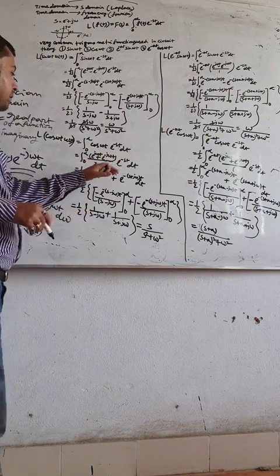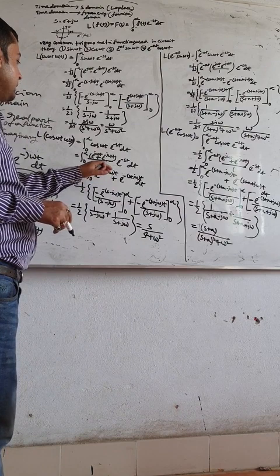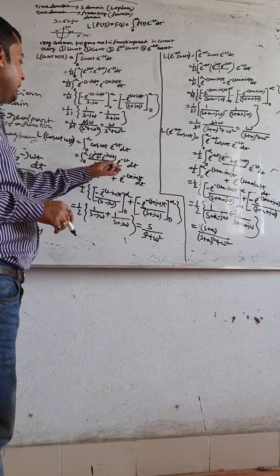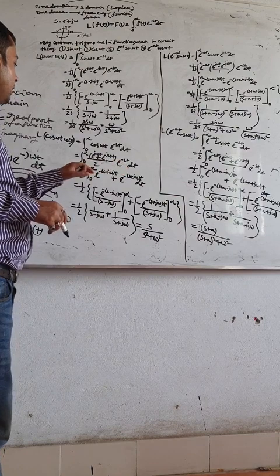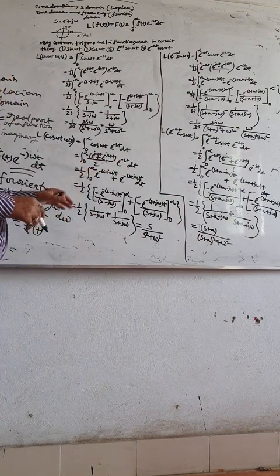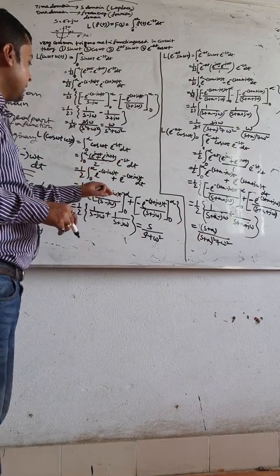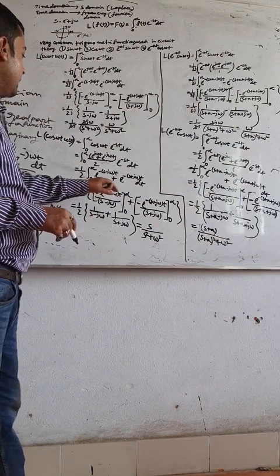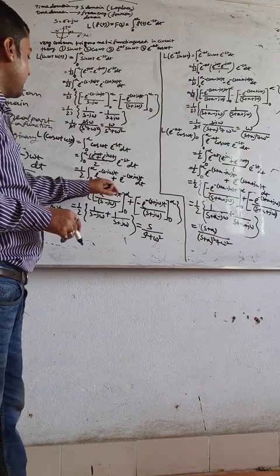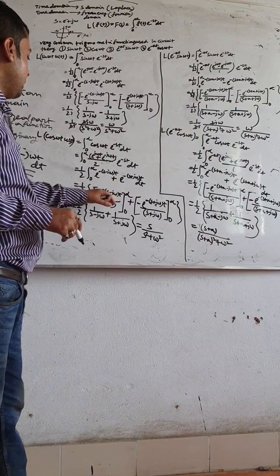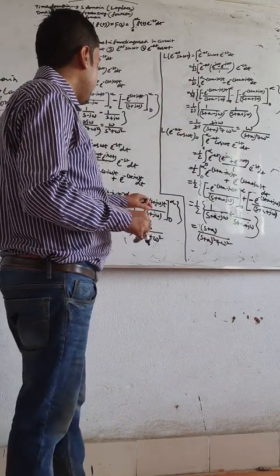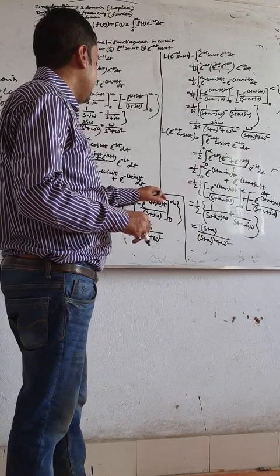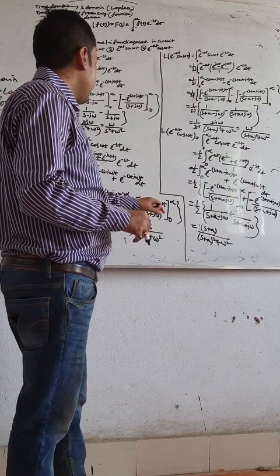So t is common in both cases: e to the power minus (s minus j omega)t plus e to the power minus (s plus j omega)t, dt, divided by 2. After doing integration, it is minus e to the power minus (s minus j omega)t divided by s minus j omega, plus minus e to the power minus (s plus j omega)t by s plus j omega.